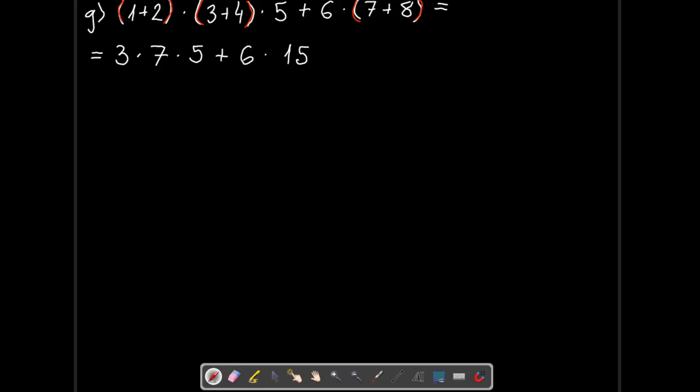So we have 2 parts here. The first part is this multiplication, the second part is another multiplication. Of course, we need to do the multiplication first. We know that 3 times 7 is 21.